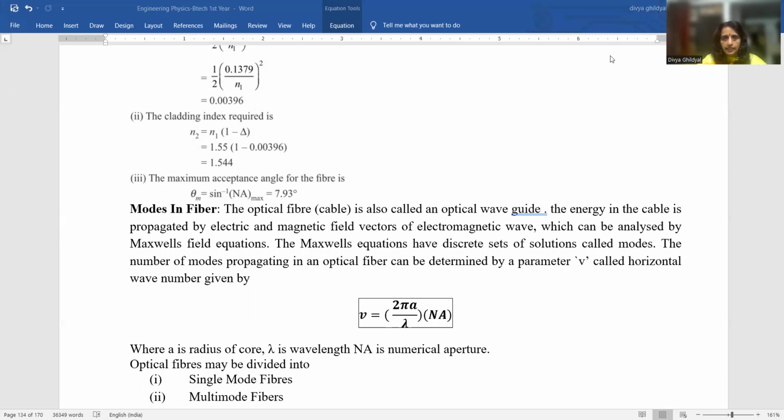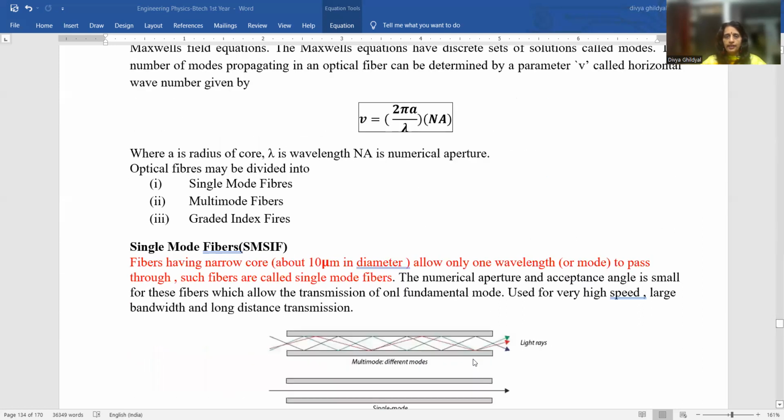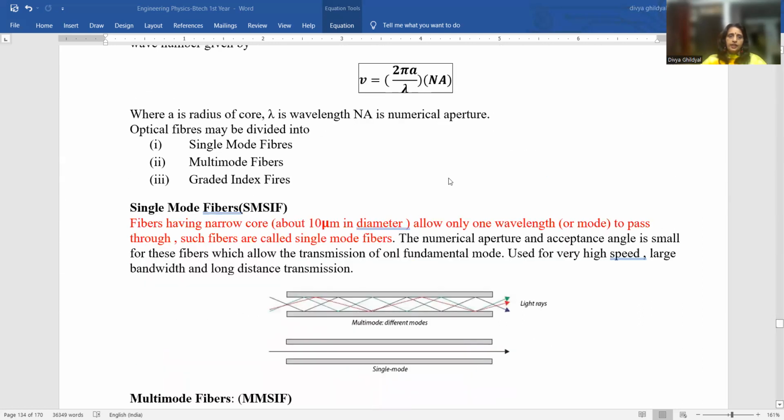So the number of modes propagating in an optical fiber is determined by a parameter called normalized frequency, or V number, which is given by 2 pi a divided by lambda into numerical aperture, where a is the radius of the core, lambda is the single wavelength which you are using, and NA is numerical aperture.